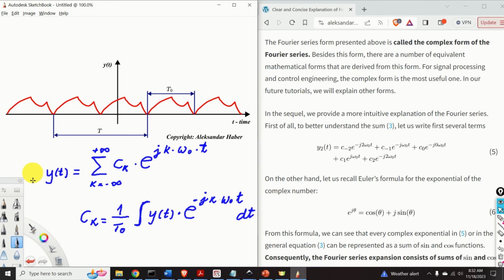This form of the Fourier series is called the complex form of the Fourier series. Besides this form, there are a number of equivalent mathematical forms that are derived from this form. For signal processing and control engineering, this complex form is the most useful one. In my future tutorials, I will explain other forms.